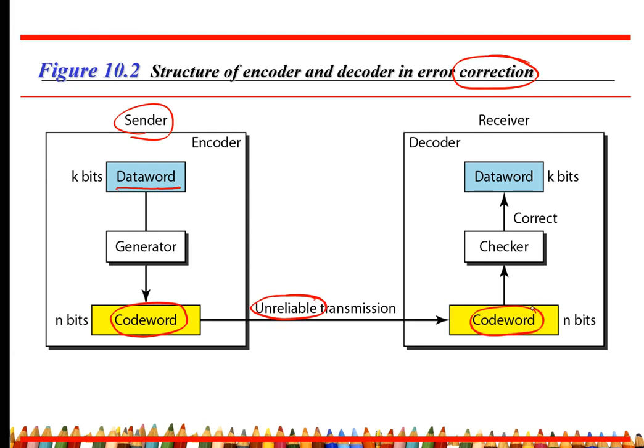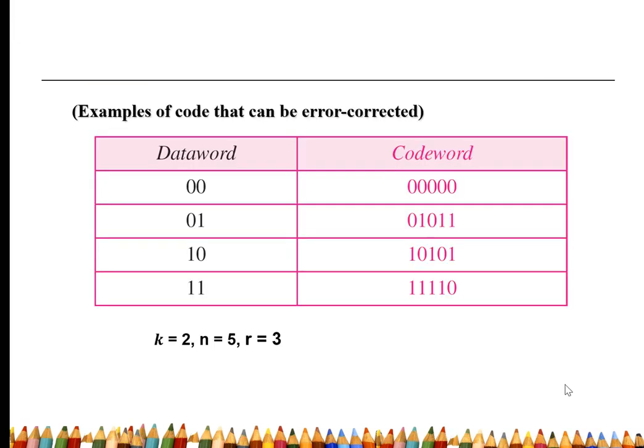Then the n-bit code word goes to the checker, which creates the k-bit data words. One example of a code that can be error corrected is this: the data word is 2 bits, but we add 3 bits of redundancy code.